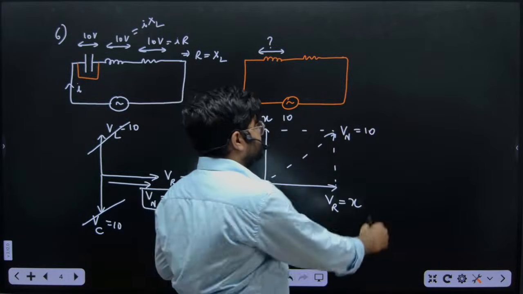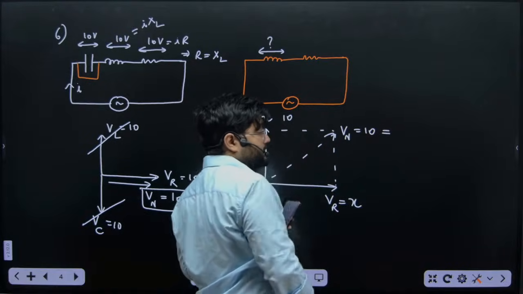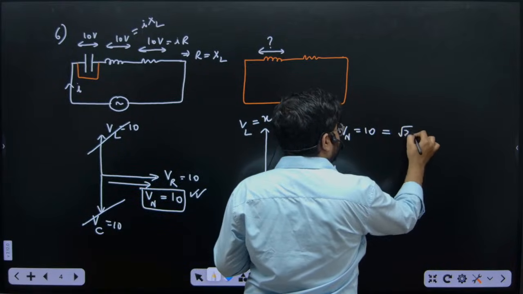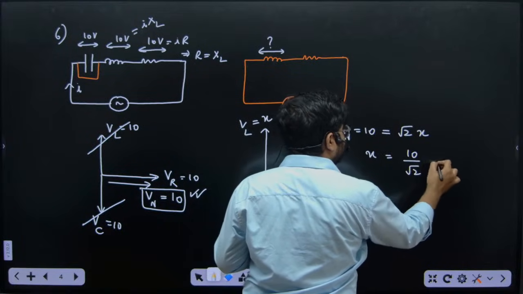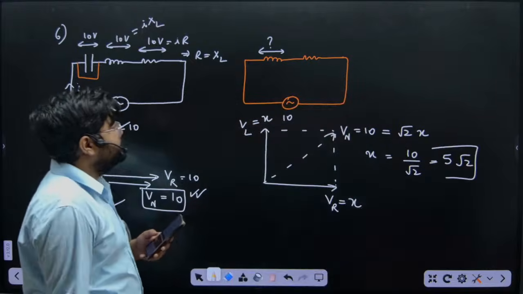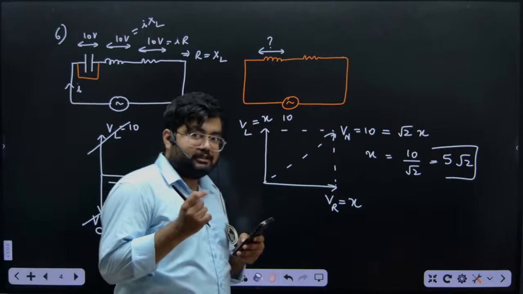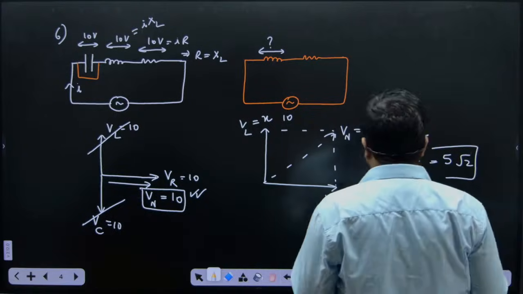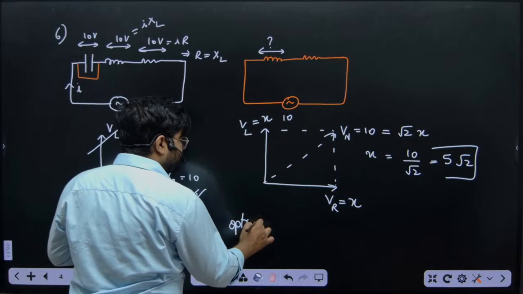So this 10 can be written as the sum of these two vectorially, root 2 x. So x becomes 10 by root 2. So the answer here seems to me as 5 root 2. I'll say this question was a little tricky. So I think option B is correct here.